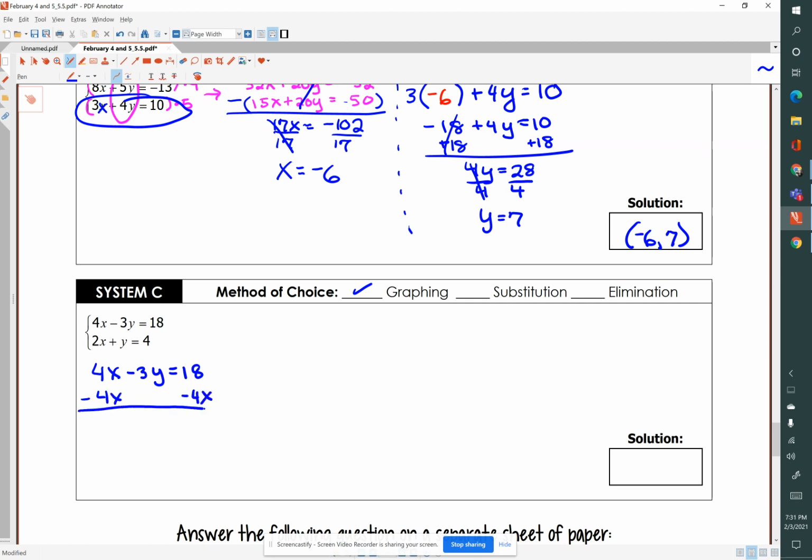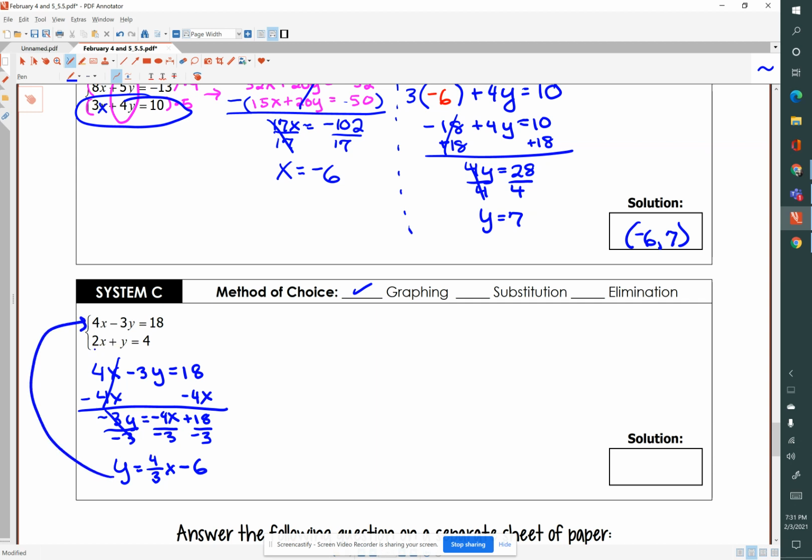I'm solving for y here. So I have negative 3y equals negative 4x plus 18. I'll divide everything by negative 3. A negative divided by negative is a positive, so y equals positive 4/3 x minus 6. So this is the first equation.